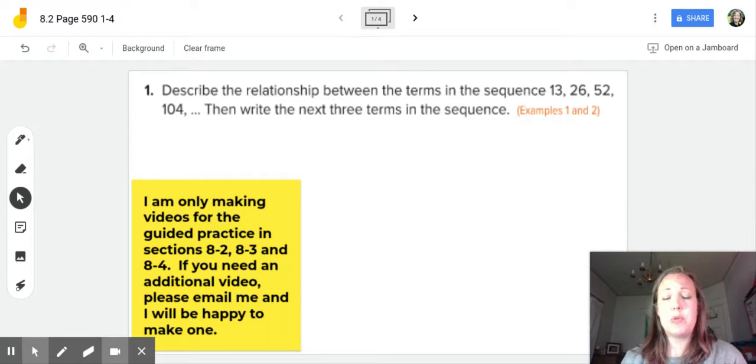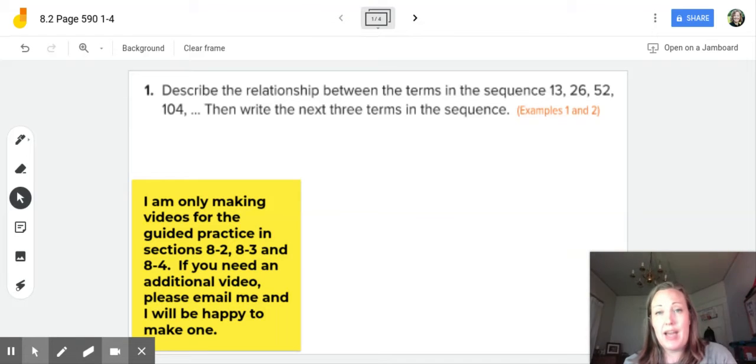Describe this relationship of what's happening. 13, 26, 52, 104. Well, I've been playing with these numbers long enough that I know 13 and 13 is 26. 26 and 26 is 52.